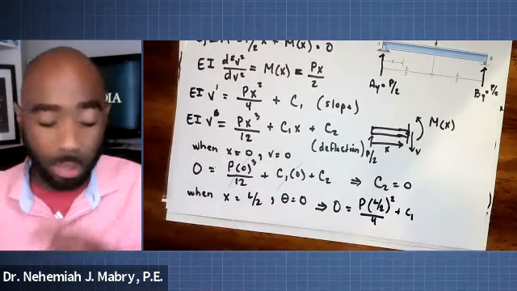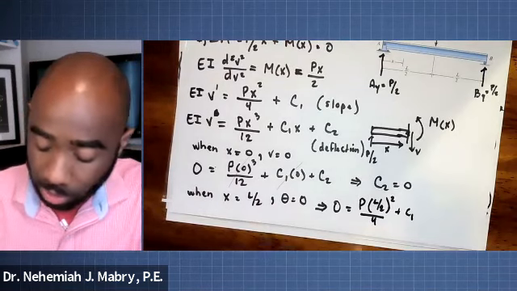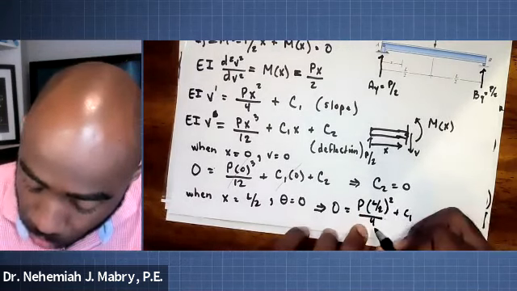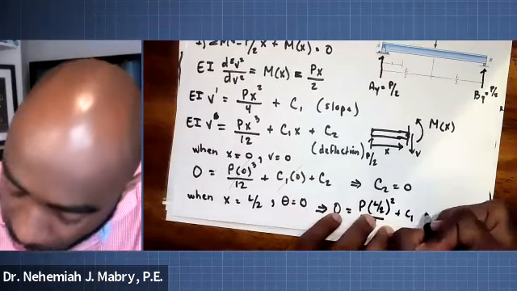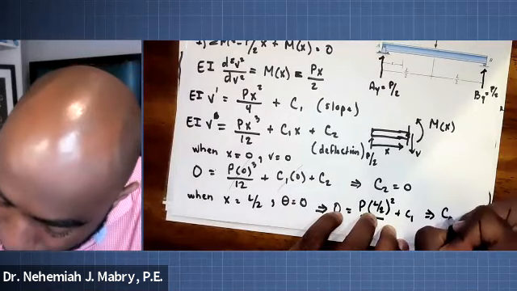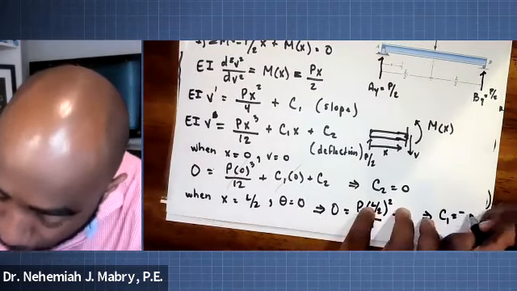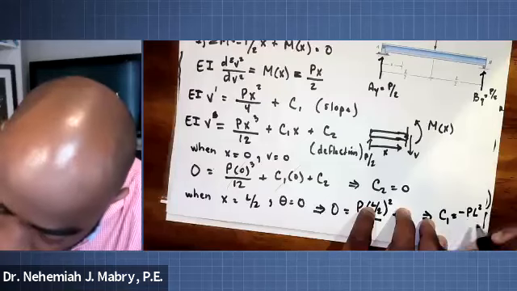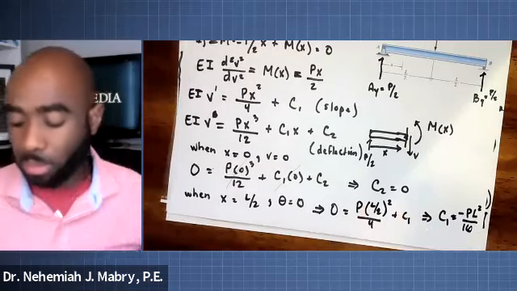Now, if we isolate C1, what we will find is, obviously, we're going to square that. That's going to be 4. 4 is going to come on there. That's 16. C1 is equal to a negative P L squared over 16.